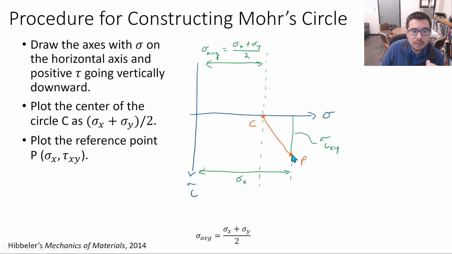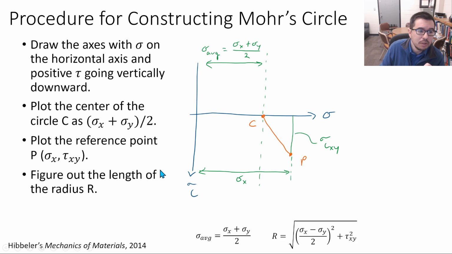Now, this point to the center has an interesting property, and this point is on the Mohr circle. Since it's on the Mohr circle, the length of CP here corresponds to the radius, and we previously described how we can calculate out that radius.